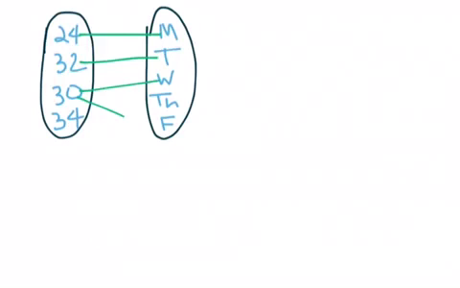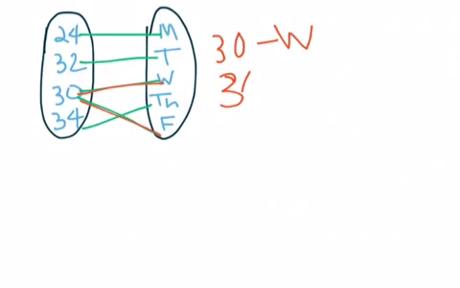So it goes boom, boom. Then 34 goes with Thursday. Okay? So we have a problem here. Because if you see, 30 is paired up with two y values. 30 is paired up with Wednesday, and it's also paired up with Friday. So there's 2 y values for 1 x value, so this is not a function.